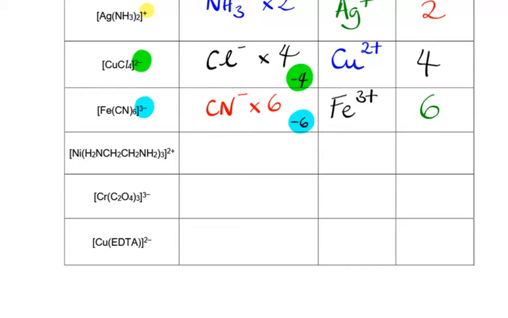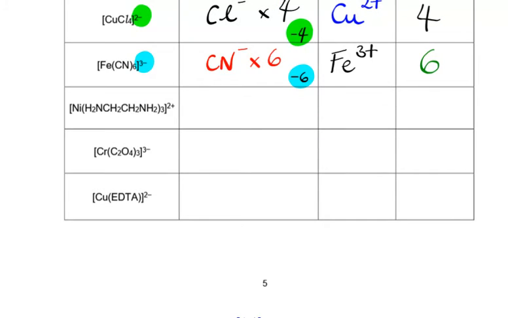In our next example, we need to be a bit more careful as we encounter a bidentate ligand. So this, you might remember, was the ethane diamine molecule, so a bidentate ligand, so I'm just going to abbreviate it as EN, and we have 3 of these bidentate molecules. This is a neutral ligand, so it makes no overall contribution to the charge.